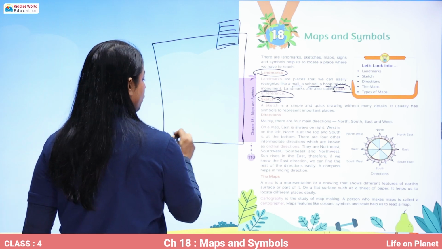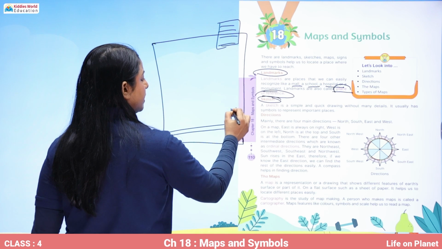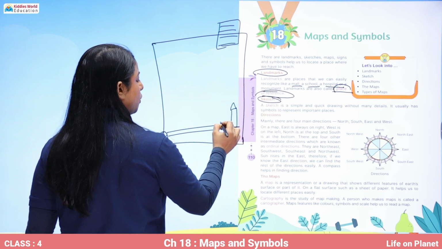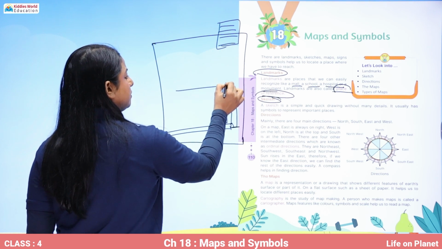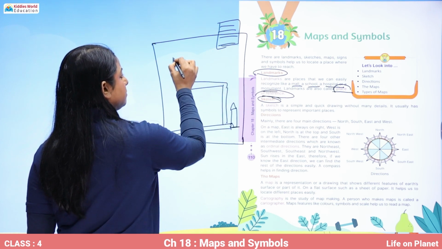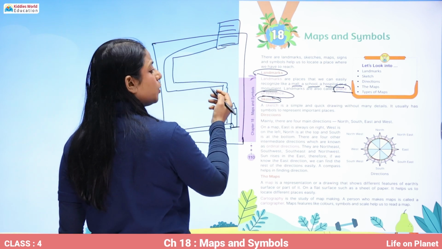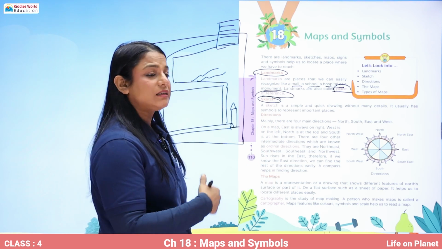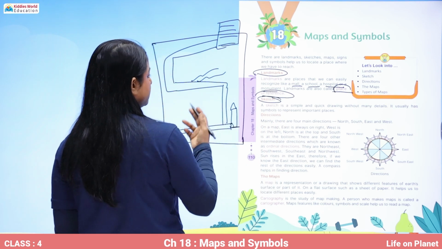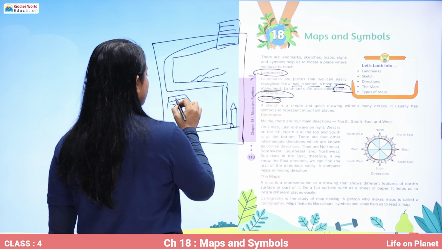So I will draw that this is a road, here there is a temple, and from this T point you have to go here, then turn right like this. I'm going to draw a rough sketch, and I'm going to draw the symbols of the landmarks, of the places that come in between, that there is a park over here.